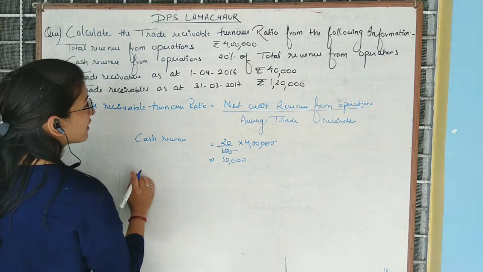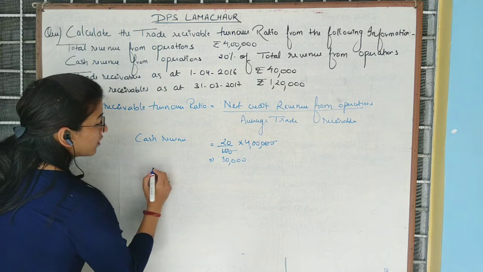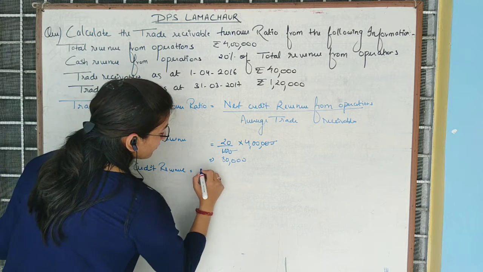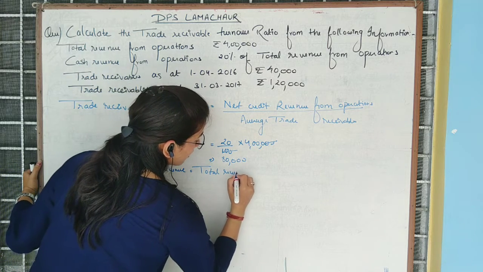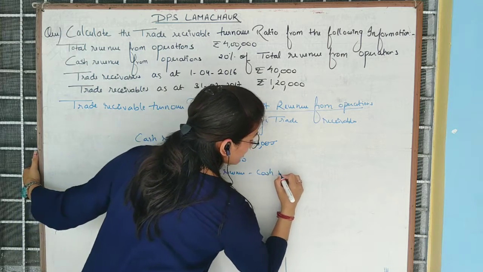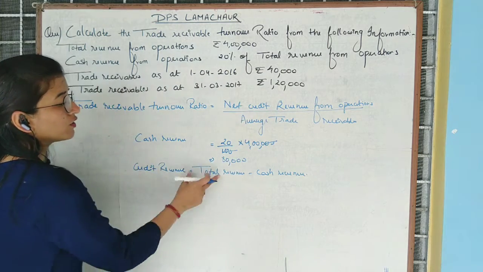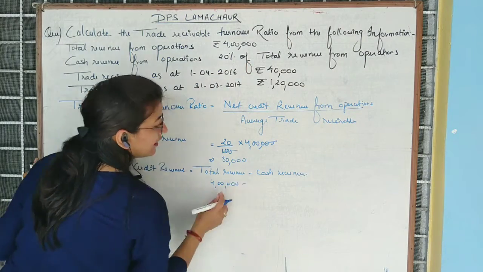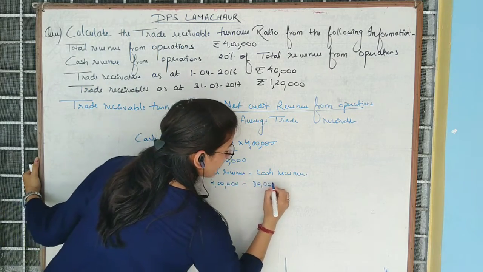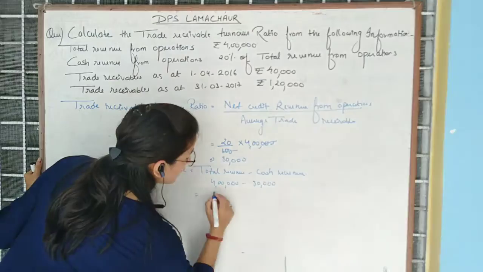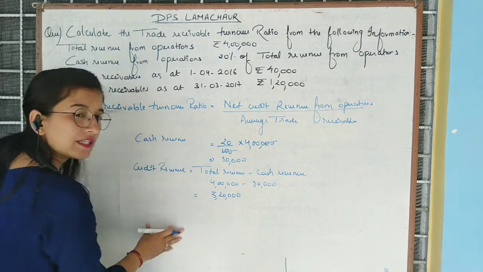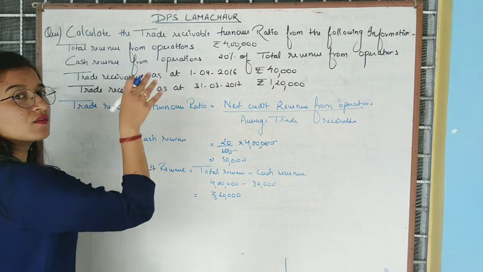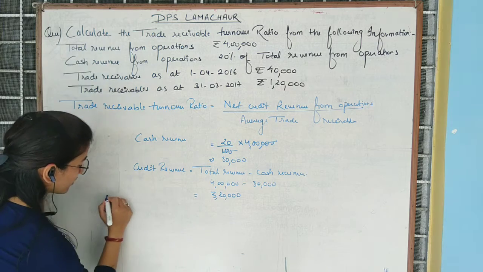To calculate credit revenue, we will deduct cash revenue from total revenue. So credit revenue is equal to total revenue minus cash revenue. So the amount of total revenue is 4 lakh rupees and cash revenue is 80,000. So the amount of credit revenue will be 3 lakh 20,000. Now average trade receivable is calculated as opening trade receivable plus closing trade receivable divided by 2.